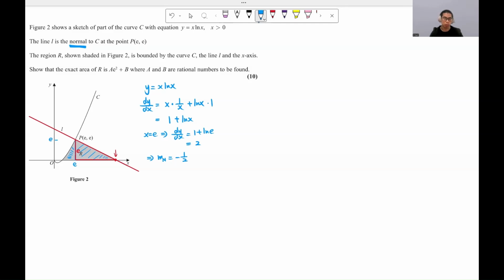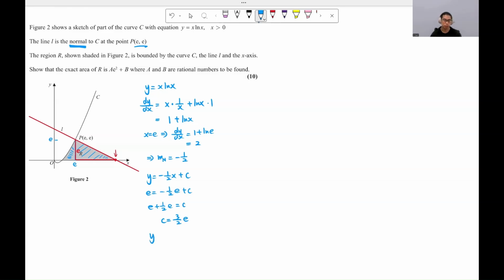So y is equal to negative 1/2 x plus c. Then substitute the coordinates (e, e): e is equal to negative 1/2 e plus c. So e plus half e is equal to c, so c is 1 plus half, which is 3/2 e.